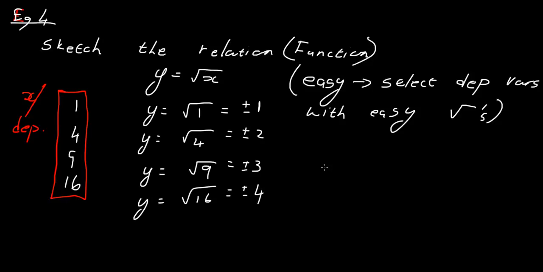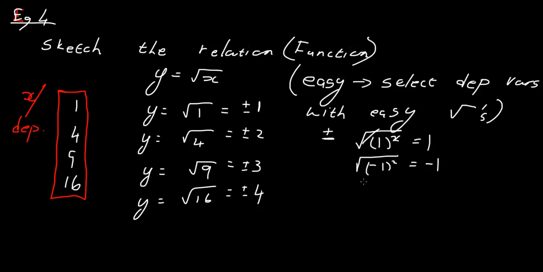You may be wondering where the plus minus story comes from. The plus minus happens whenever there's a square root, because let's look at it this way. If I tell you the square root of 1 squared, you know that the square cancels with the square root and it's equal to 1. But what if I tell you the square root of minus 1 squared? That is equal to minus 1.